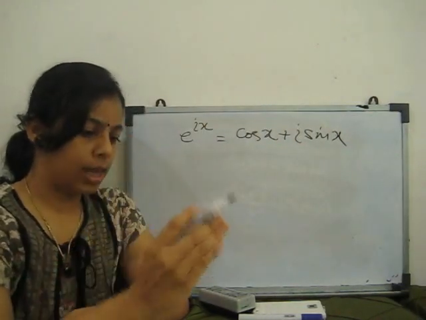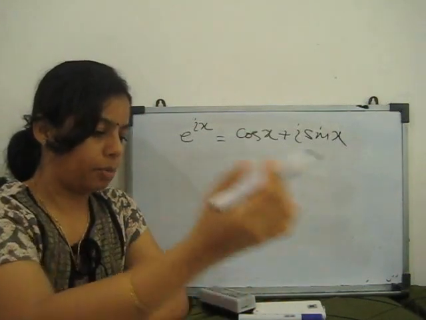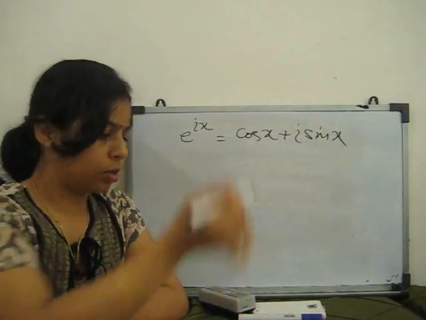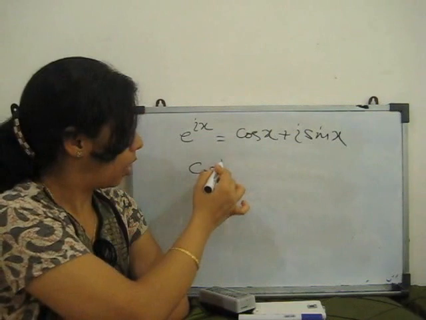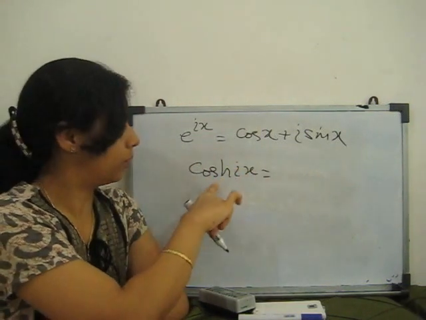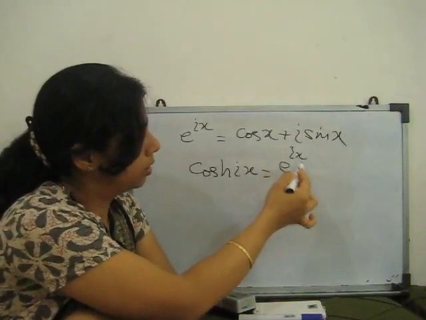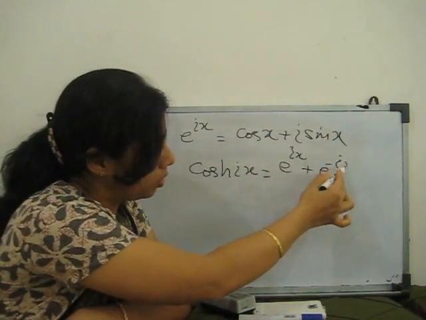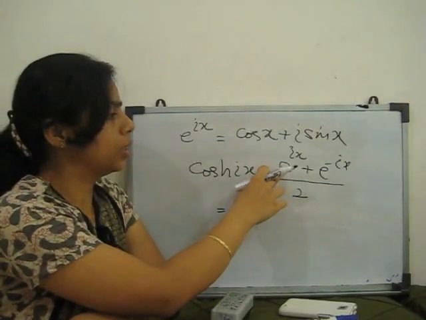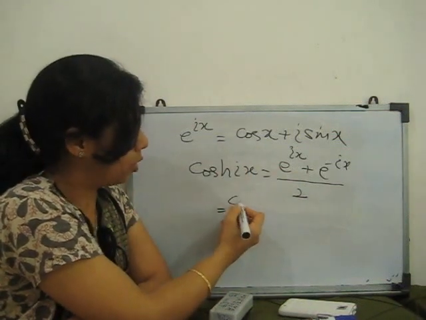If you want this in hyperbolic form, cosh x is equal to e to the power x plus e to the power minus x by 2, so cos x relates to e to the power iota x plus e to the power minus iota x by 2.